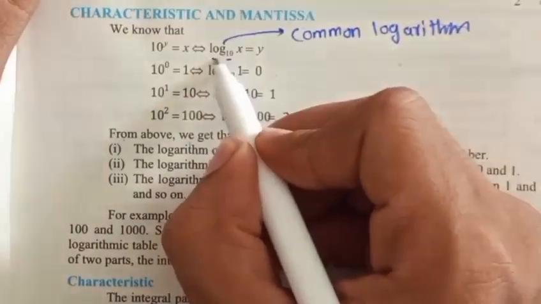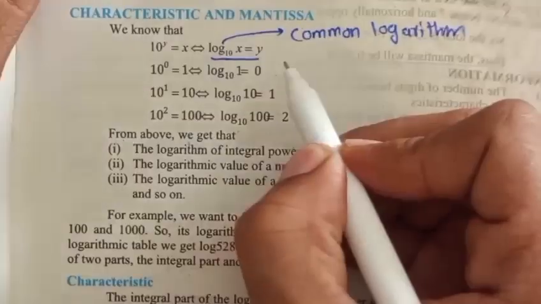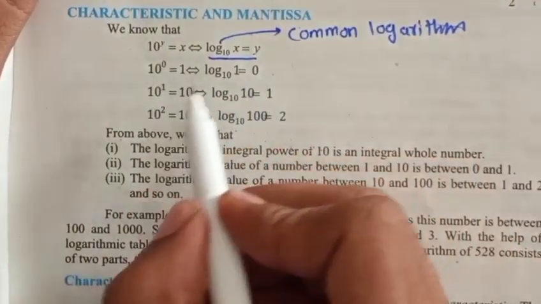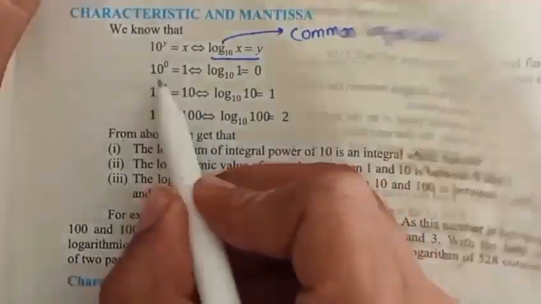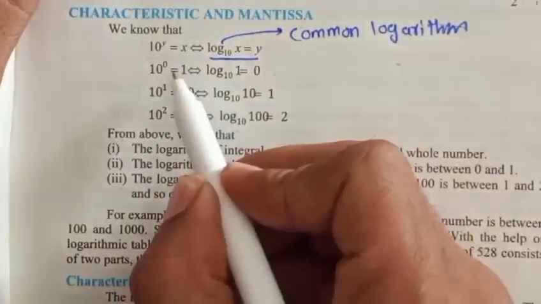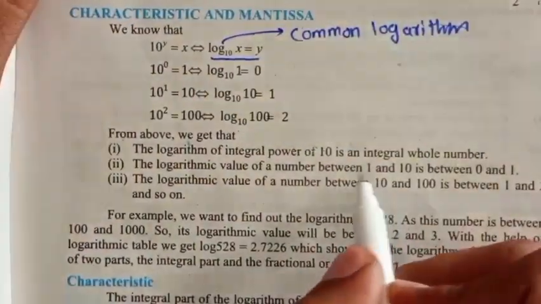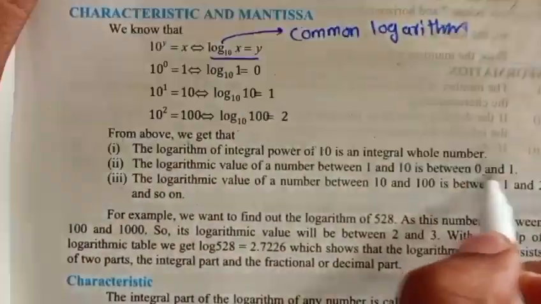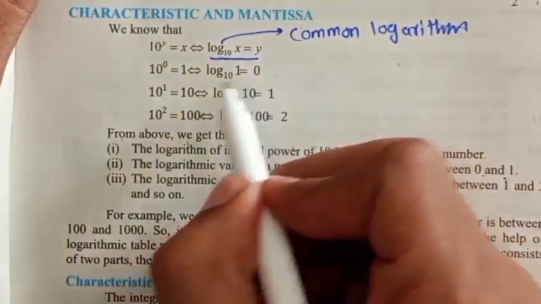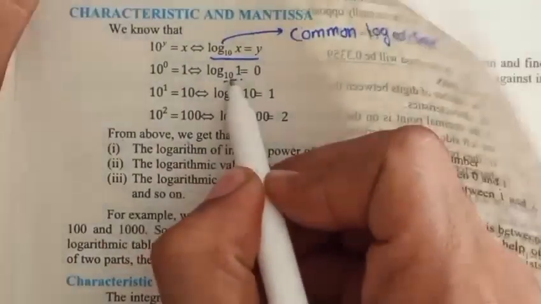So see here, if the base 10 has the power 0, that gives 1, this means you can say log base 10 of 1 is equal to 0.